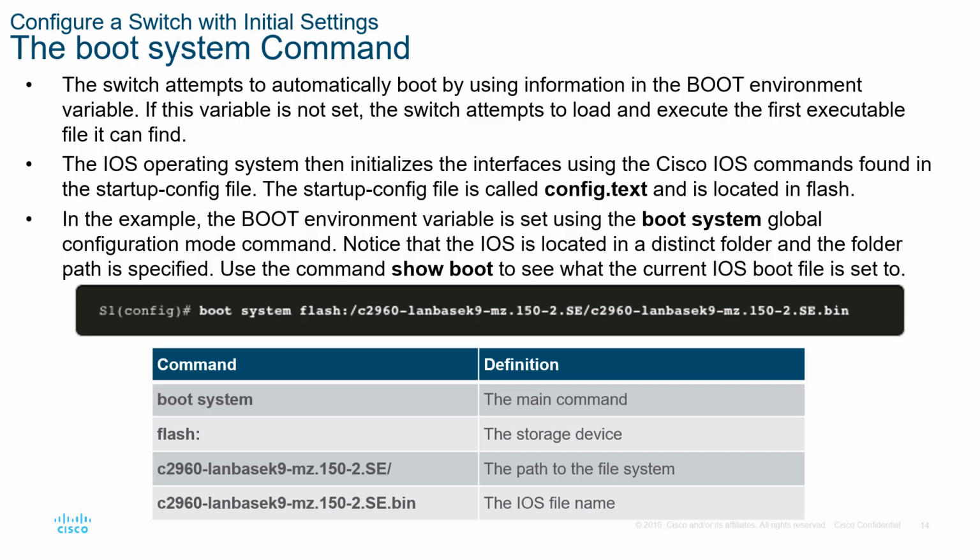It specifically is a .bin file. The IOS files are actually stored as bin files. Boot system can actually come from an array of storage. Doesn't necessarily have to be flash, but in most basic configurations, it is coming from flash.